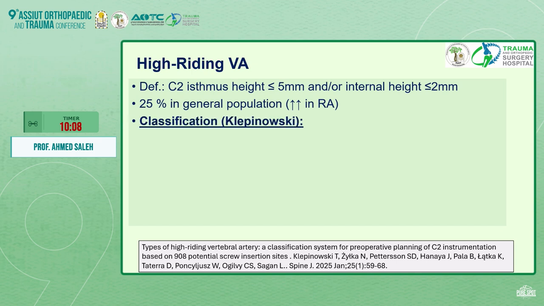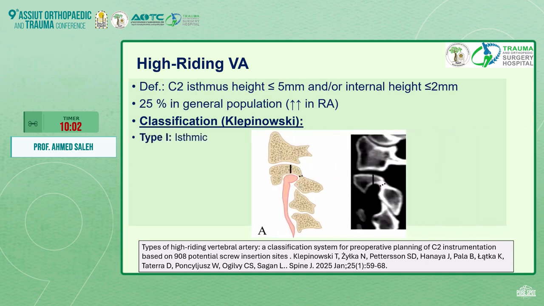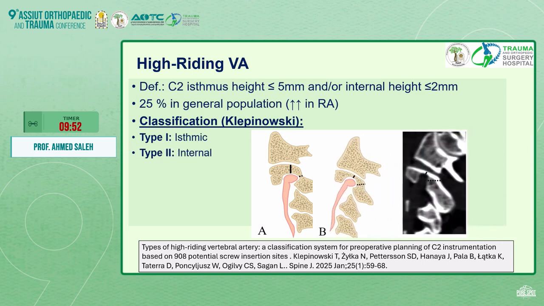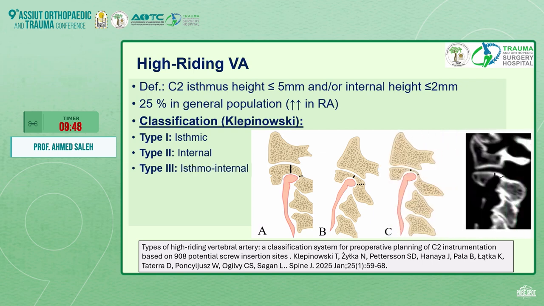In a very recent paper published in 2025 by Klebinovsky, he classified the high riding vertebral artery into type 1, isthmic, when only the isthmus is abnormal and the internal height is normal. Type 2, when the isthmus is normal but the internal height is abnormal. And type 3 is isthmo-internal, where both readings are abnormal.